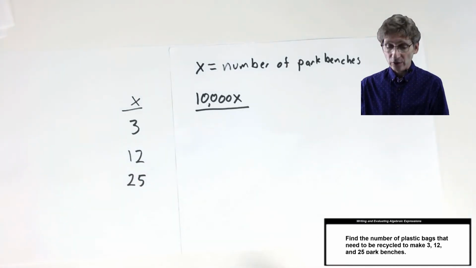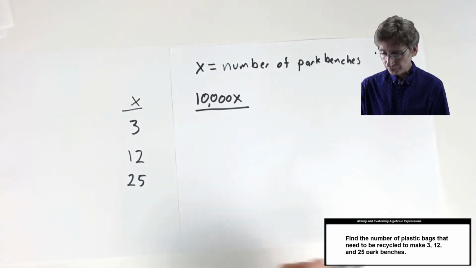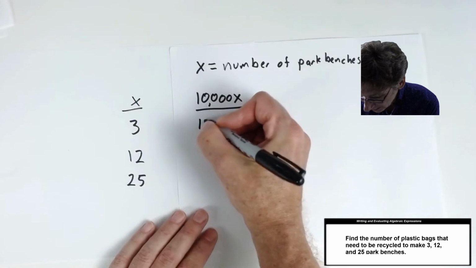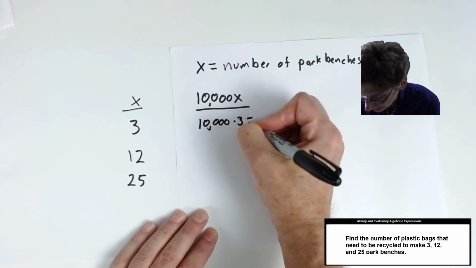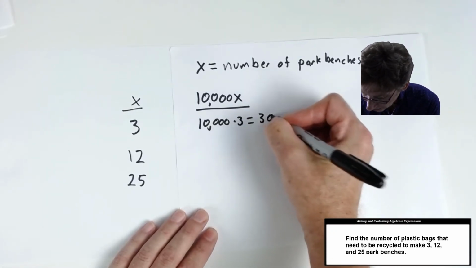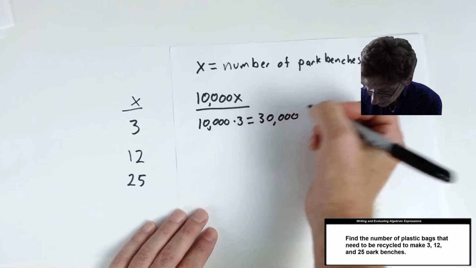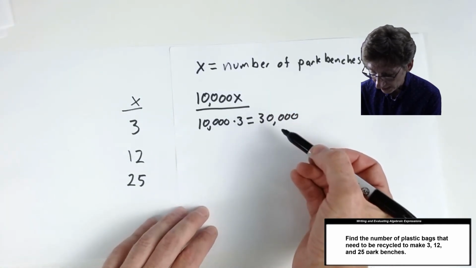So now that we know the values that we can use for x, we'll replace those in the algebraic expression and compute a number. So here, 10,000 times 3, well, 10 times 3 is 30, so this would be 30,000. To make 3 park benches, we need 30,000 plastic bags.